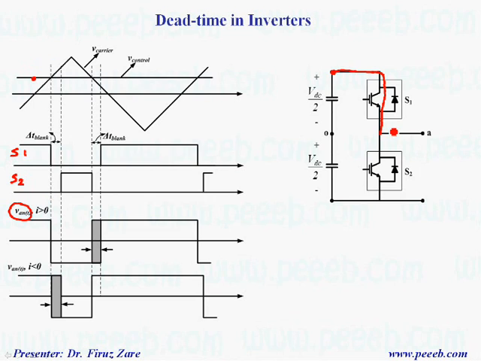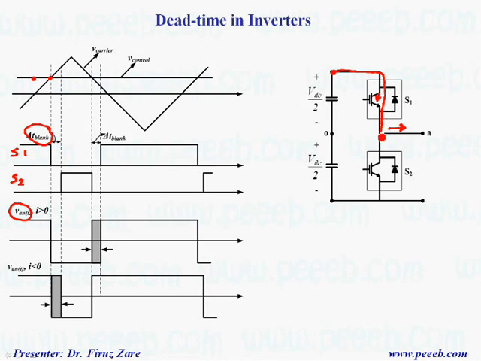Suppose load current is positive. In this case, current passes through the IGBT. Now at this time, we are going to switch off this one. In the normal case, we switch off and switch on the other one, but to prevent any short circuit, once we switch off, we are not allowed to switch on that one. We should turn on after this blanking time or dead time.